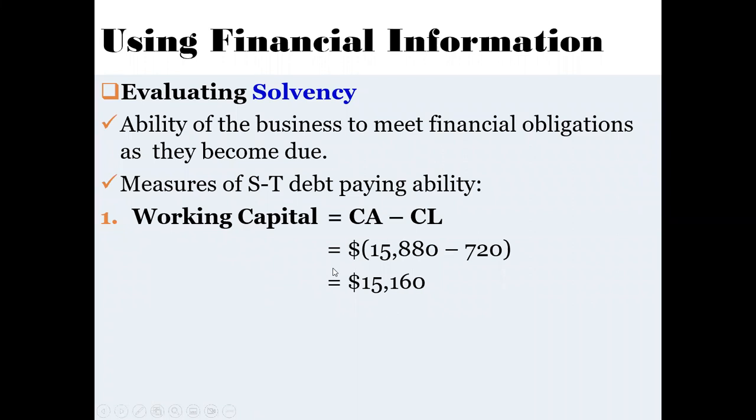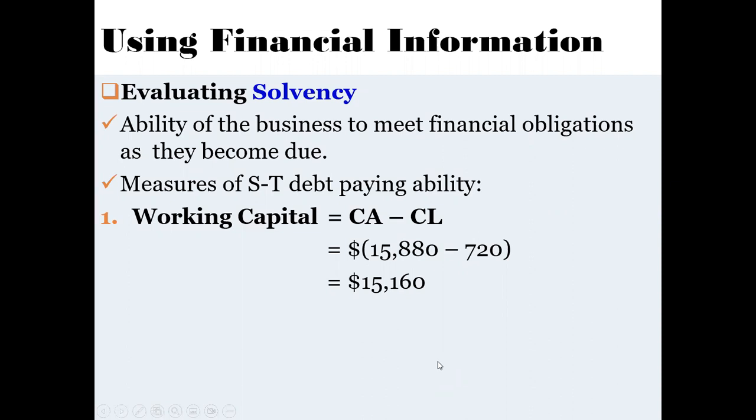So our current assets exceed our current liabilities by 15,160. Now, guys, we are not going to get into the interpretation of these yet. But when we revisit final accounts in preparation for your midterm and your final assessment, we are going to be looking a little bit deeper at these.